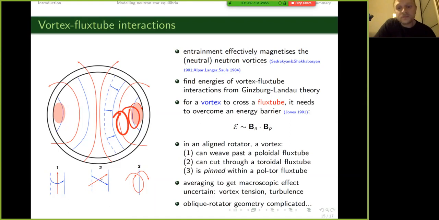Yeah, Bryn? To go back to what Aurel was saying, your cases 1 and 2 rely on thinking of the macroscopic field, and saying, well, I've had all these flux tubes like this. But like case 1, I guess in reality, there are so many more flux tubes than neutron vortices, and their tension is so much smaller that I would expect it can't really just go through this forest of flux tubes.